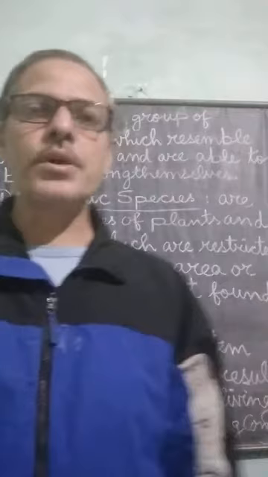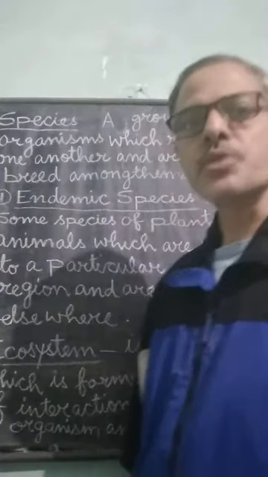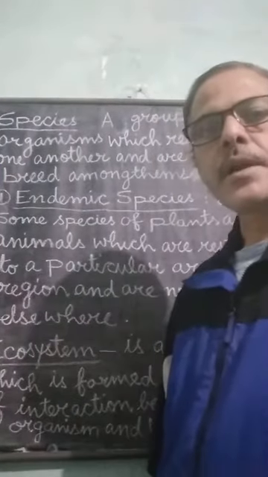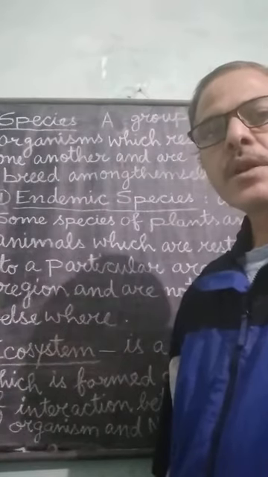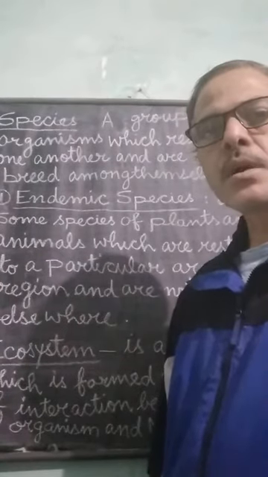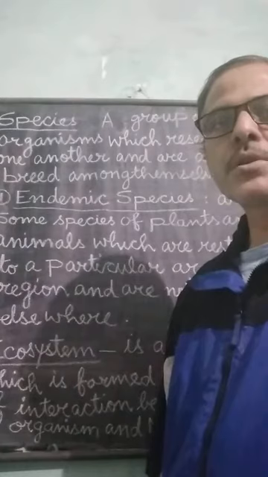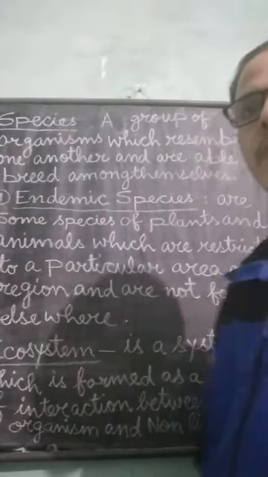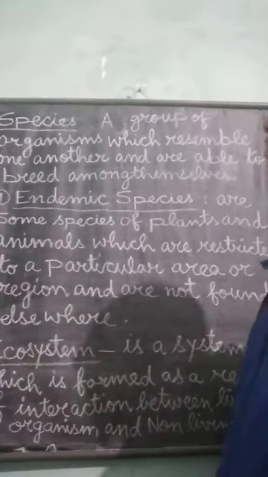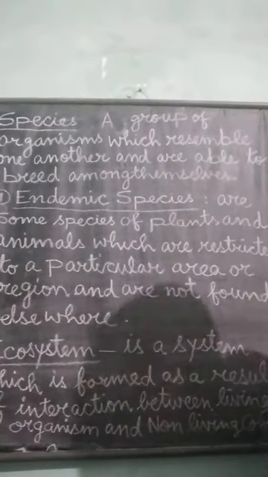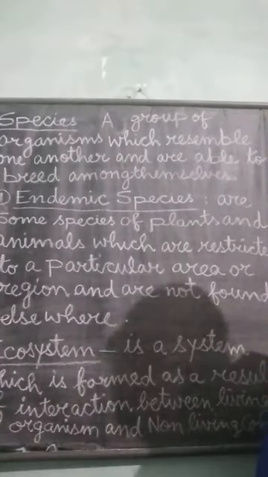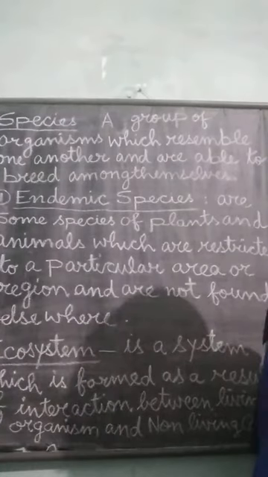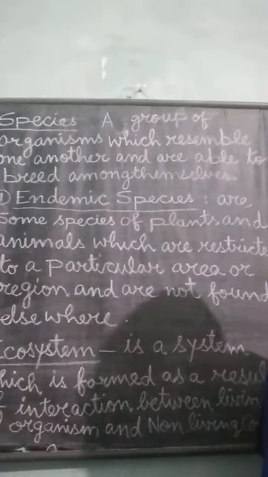I hope you have understood what the term species means and what are endemic species. Once again, in order to make you clear about species, I am repeating the perfect definition. So what are species? A group of organisms which resemble one another and are able to breed among themselves are called species.